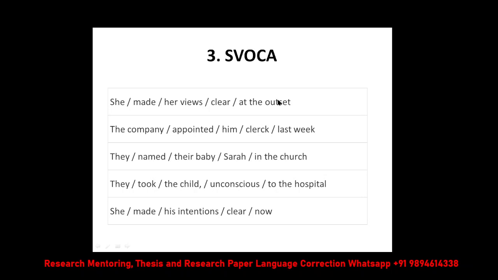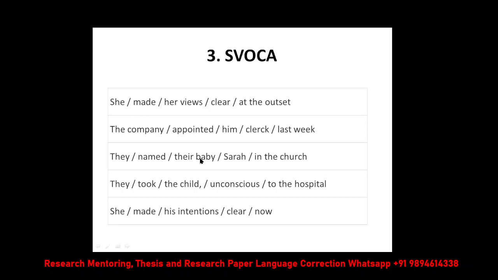The question you can ask to understand the adjunct is the manner: how? At the outset. The company appointed, subject, verb, object, complement, adjunct. The company appointed him clerk. Here also there is a spelling mistake; only C-L-E-R-K has to come. The C should be removed. Last week.